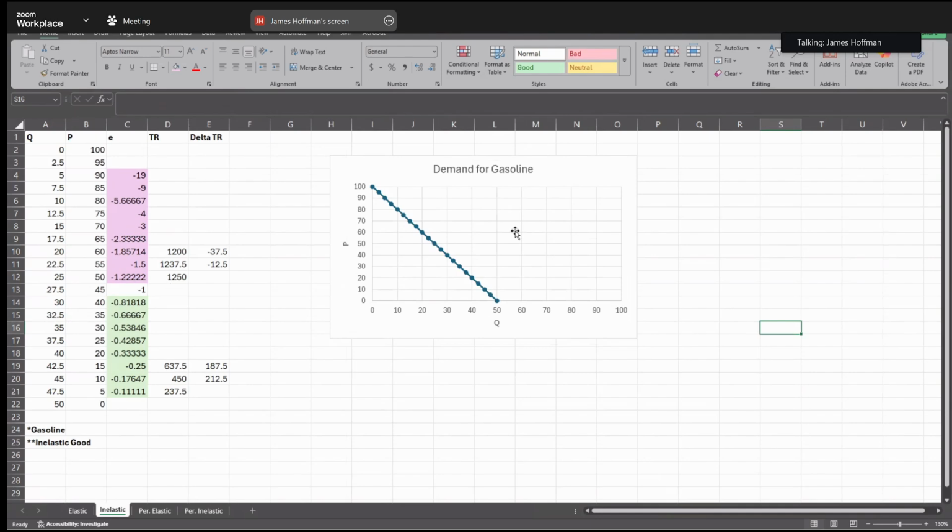It's important to see that elasticity is a case by case calculation from one price change to the other, and just because gasoline is inelastic in most of the lower prices doesn't mean it can't also be elastic at higher prices, or vice versa.